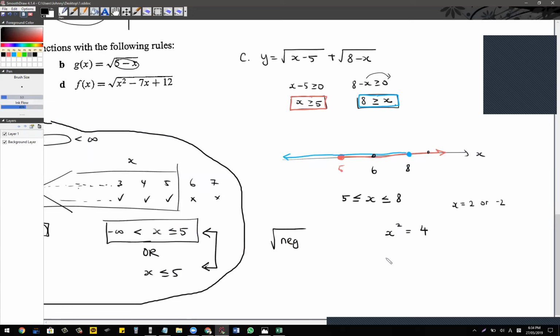So if you want to find x, then you have to do plus and minus square root of 4, and the positive and negative go on the outside of the root, not inside of the root, right? The reason why square root of a negative number is not permitted is because simply the square of any number is positive. You see that square is positive. You see how that's a positive number?